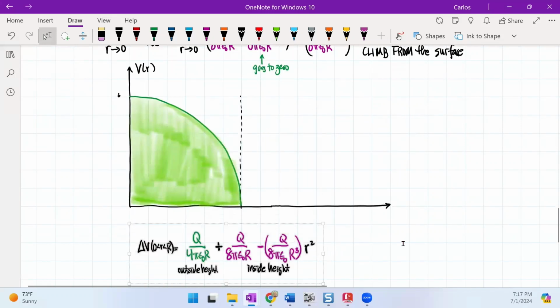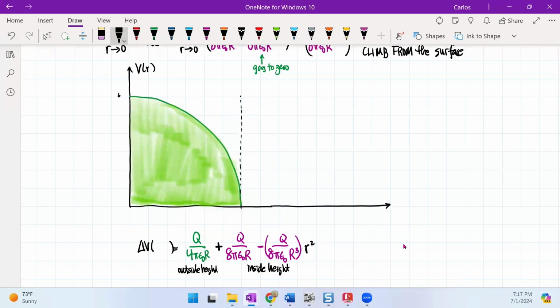By the way, I see I have a typo. This should just be as a function of R. What I wrote is incorrect. So if I'm looking at this, here's what I'm going to draw. I have the outside field that's going to look like this. And if I'm looking at this field right here, we agree that this is the potential field.